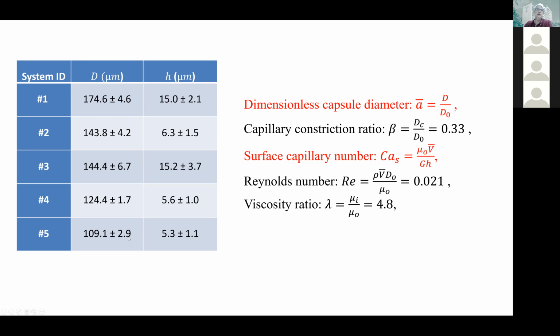With all these systems that we made, we were basically changing the dimensionless capsule diameter and also the surface capillary number. We didn't play around with the polymer or the degree of cross-linking, but we changed the thickness of the shell. So by changing the thickness of the shell, we were changing the modulus of the shell.